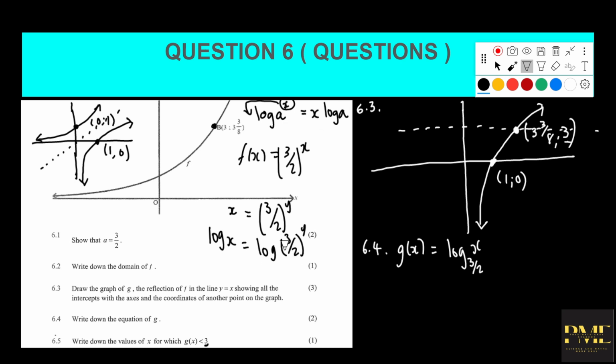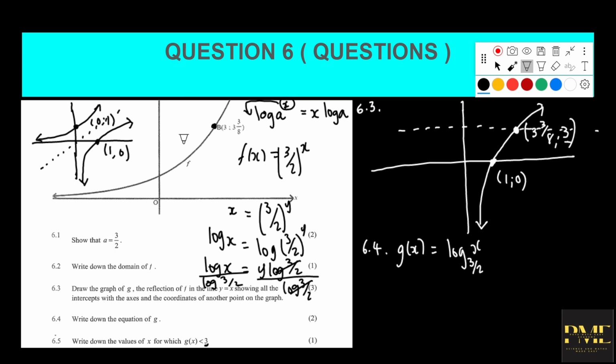So this is why we can write this in the form log x is equals to y log 3 over 2, guys. Then we can easily solve for y by dividing by log 3 over 2 on both sides. So log 3 over 2 and log 3 over 2 will go, and we are left with log x over log 3 over 2.